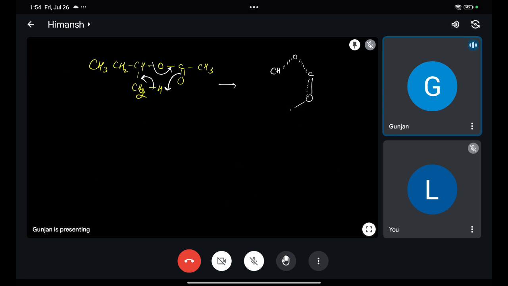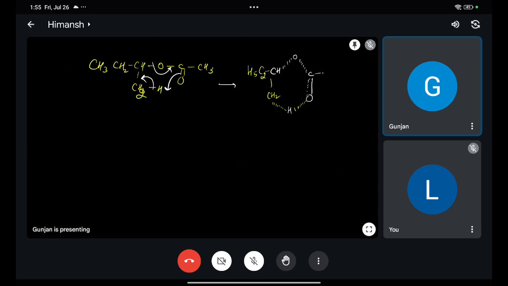Hydrogen bonding is just an affinity, we can say. But here we are actually creating a bond between the two, right, Himansh? So oxygen and hydrogen, a new bond is forming, and CH2 creating a new bond with hydrogen.